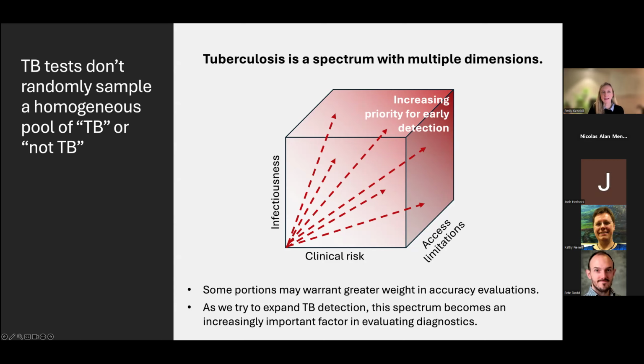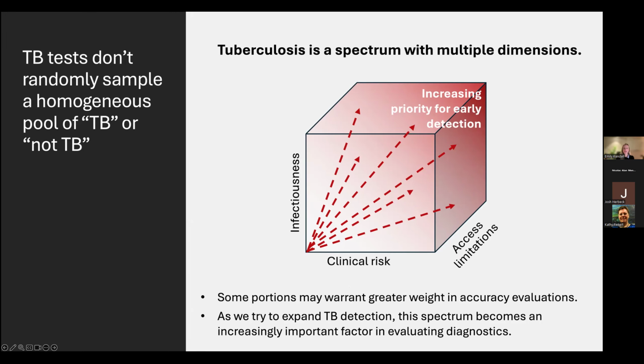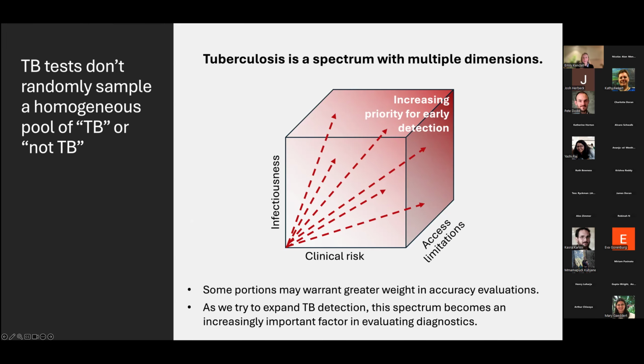You could think about different varying degrees of infectiousness that different people with TB may have, who we care about for public health reasons. You can think about people who face access limitations, either they can't access the places where current diagnostics are available or they can't provide the relevant specimens, and that we might care about diagnostics that are going to be able to reach the people who can't currently access diagnostic testing.